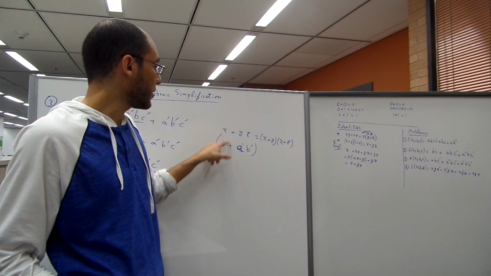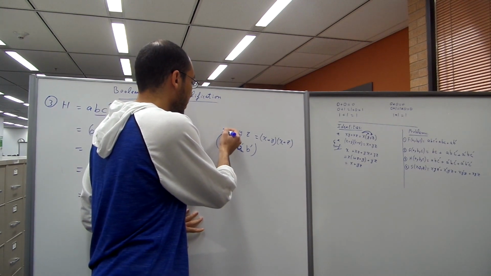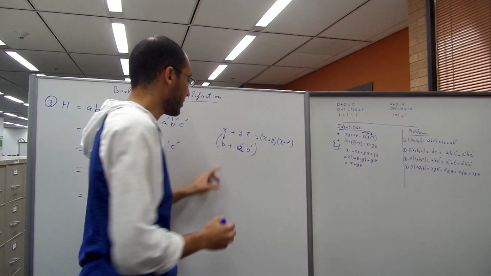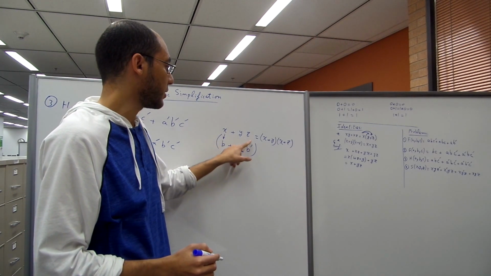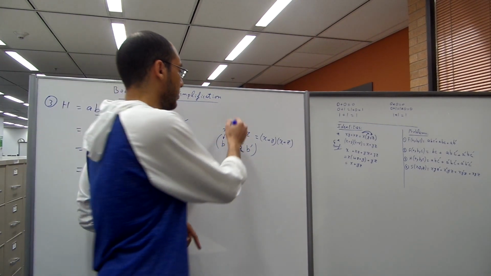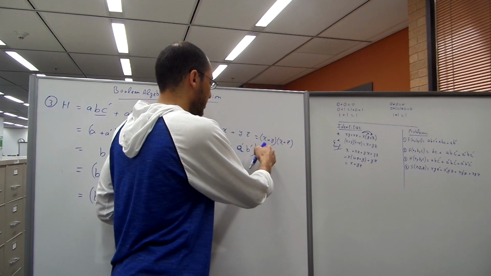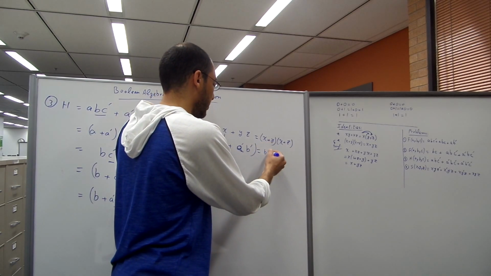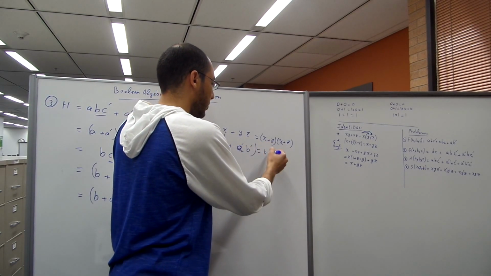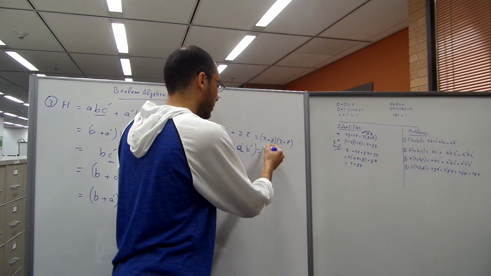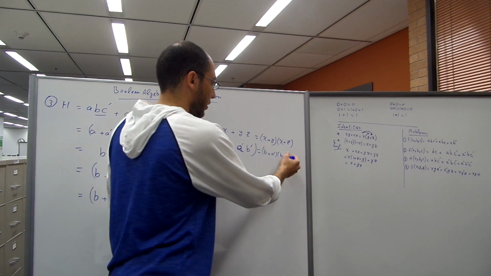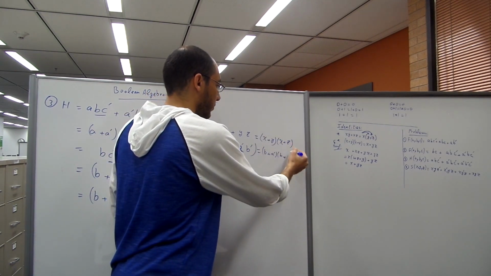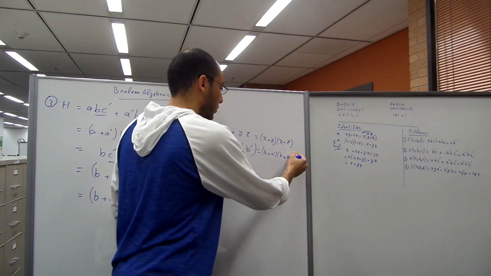Okay, so here this is on that form. So I could replace x with B, y with A bar, and z with B bar. So x with B, right here B, and y with A bar, so plus A bar, and then x with B, plus z with B bar.